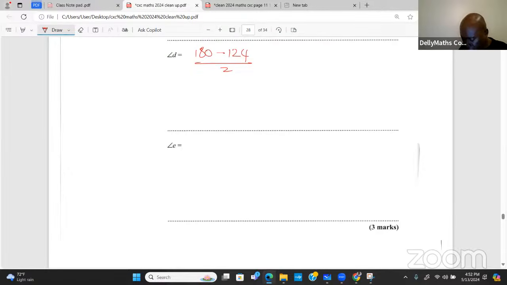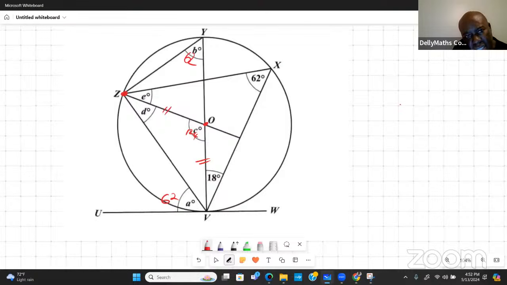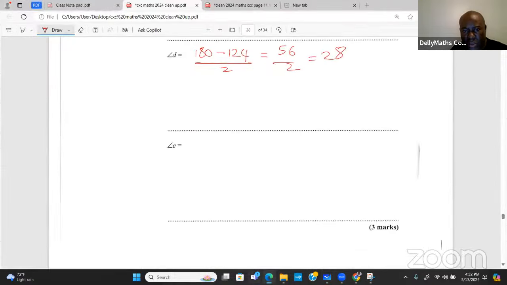So 180 minus 124 is 56. Then I divide this by 2, I get 28. So D is 28 degrees right here. And we're going. All right, circle theorem wasn't too bad.